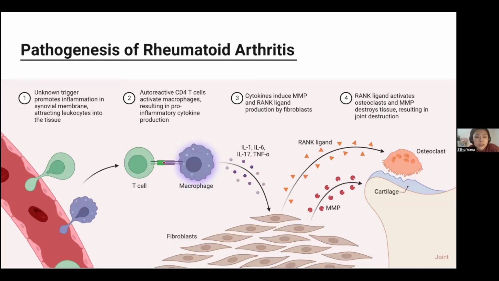The leukocytes will secrete cytokines, and they can induce cytokines like TNF alpha and other IL factors that can induce MMP and RANK ligand.